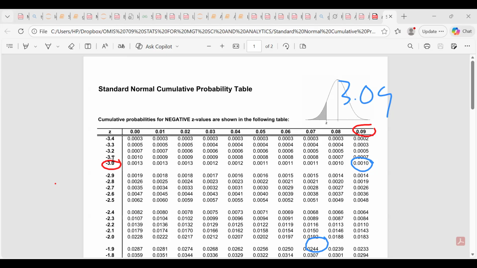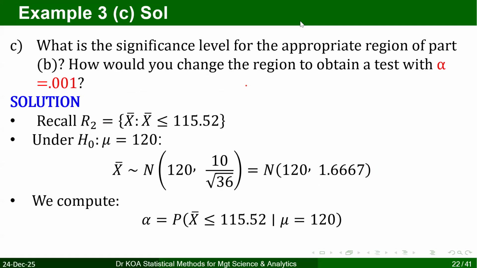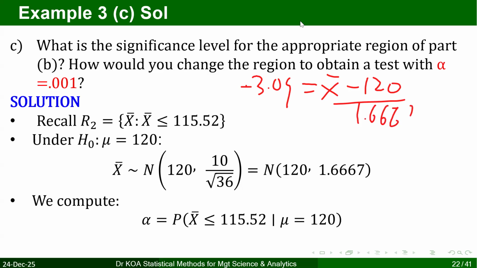Okay, good. So now we are going to take this value and dump it into our equation. So let's go to our equation. We have gotten the Z value. So the Z value is negative 3.09 equals X bar, which is what we are looking for, minus the mu, which is 120, divided by 1.6667.